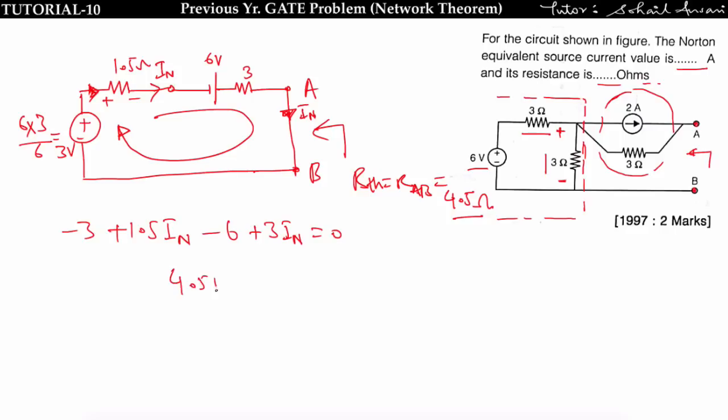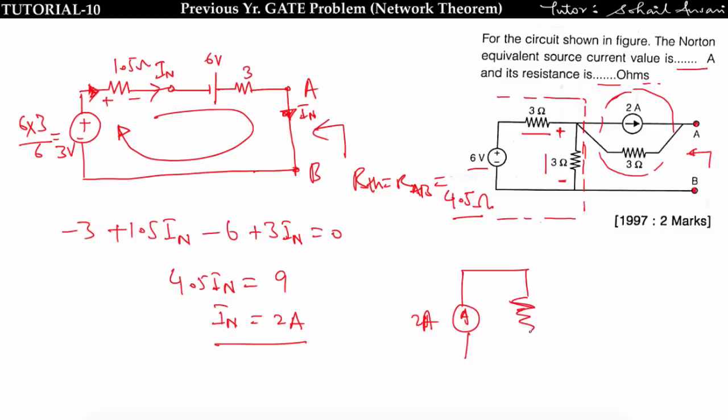So 4.5 IN is equal to 9, which means the Norton current is equal to 2 ampere. This whole circuit can be replaced by one Norton current of 2 ampere in parallel with a resistance of 4.5 ohm, and this is my AB terminal. In this way you can solve this problem.